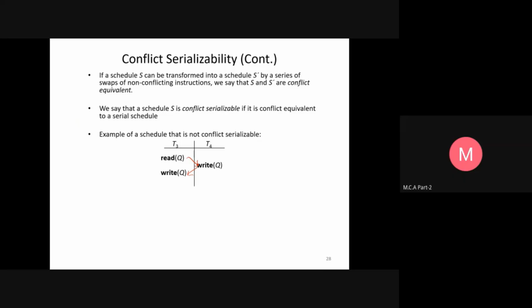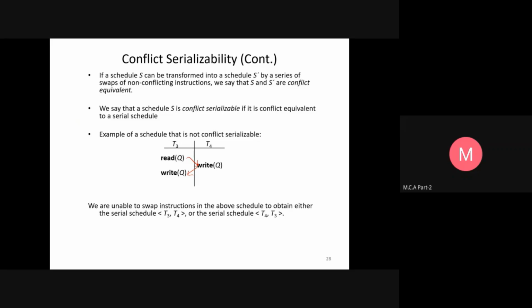T3 has a read Q, which is before T4's write Q, so we cannot swap. Similarly, T4's write Q comes before T3's write Q, which again we cannot swap. So it is not conflict serializable because we cannot come up with an equivalent serial schedule.